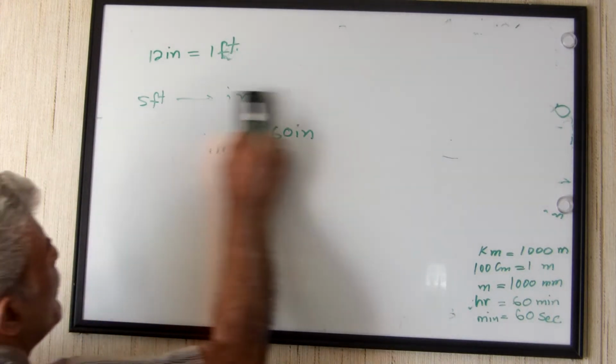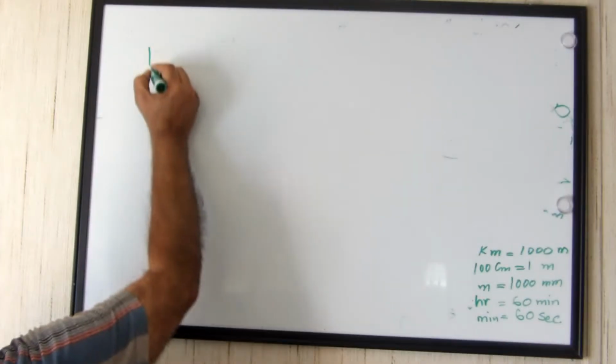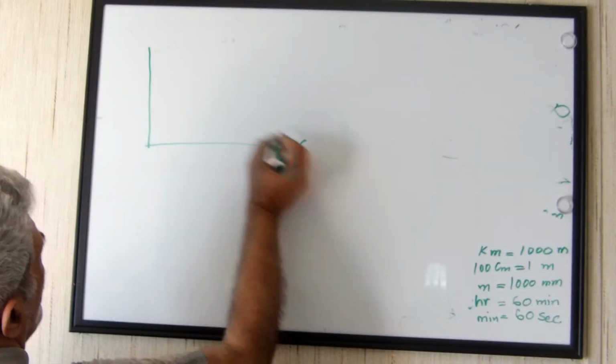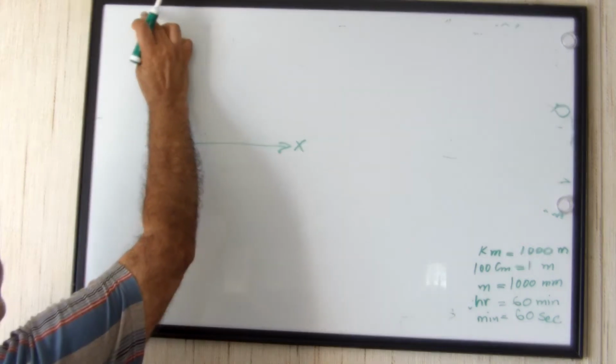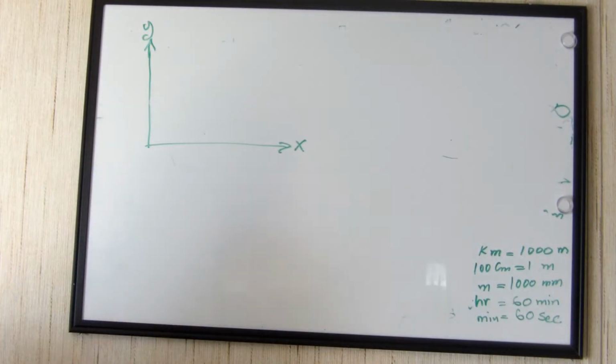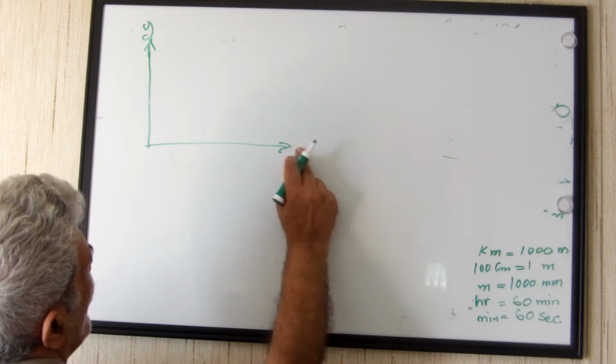Let's talk about the linear equations. We have two axes, x and y. But this y could be anything. For example, the unit of this one is going to be time.